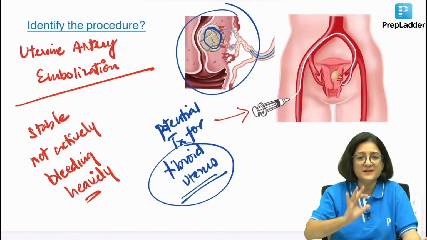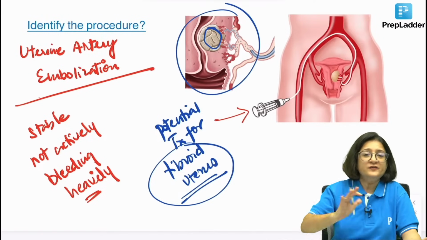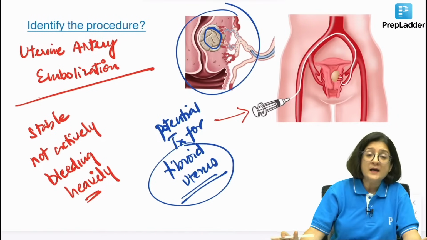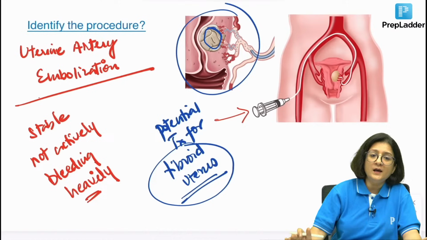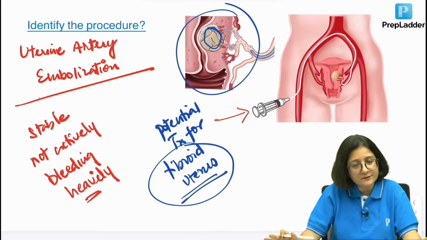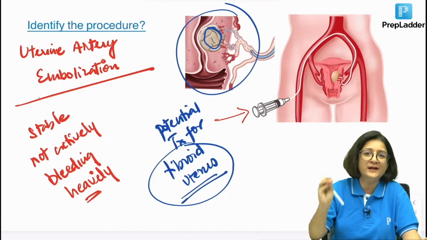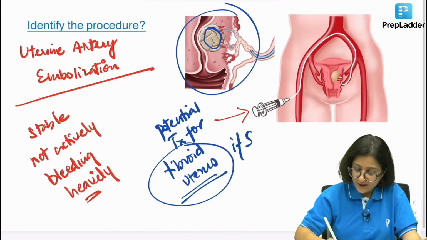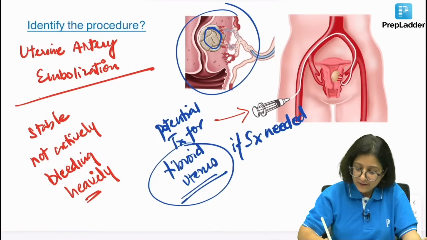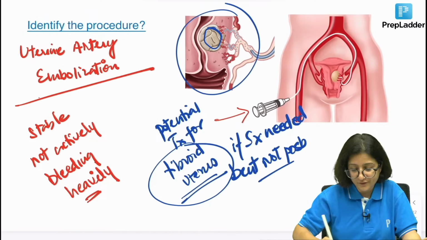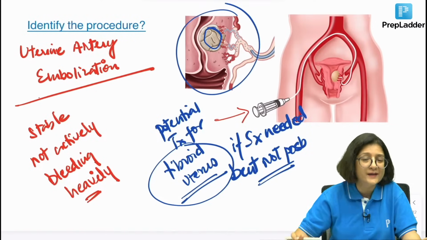They deserve some definitive treatment, but for some reason surgery cannot be done. Surgery is not the choice for them. Maybe they are unfit for surgery, maybe they are not willing for surgery. So this can be considered as an alternative to surgery, but only when surgery is needed but not possible. It will not be the first line treatment strategy anyway.